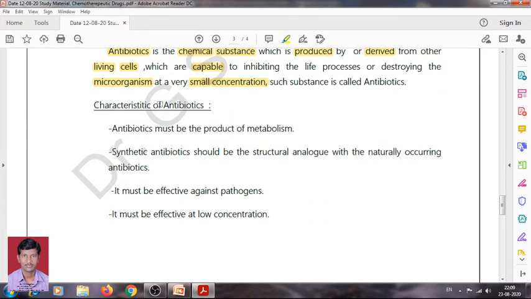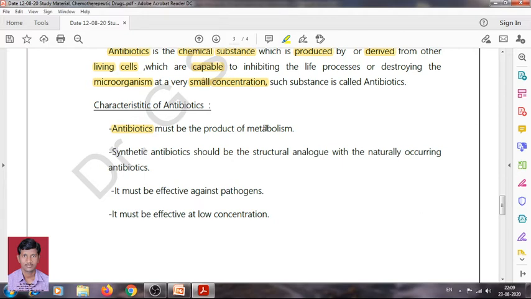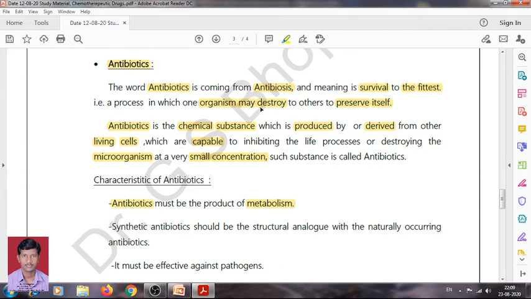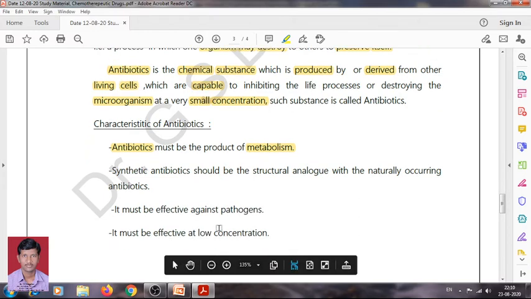Now these antibiotics have some specific characters. The antibiotic must be a product of metabolism, because we have already learned that antibiotics are derived from or produced by other living cells. Therefore, after the metabolism process, whatever product we get is used as an antibiotic.